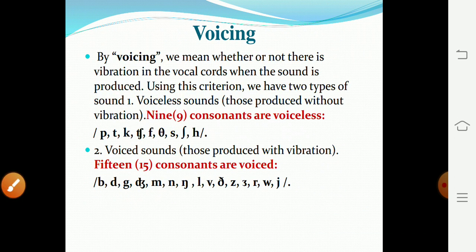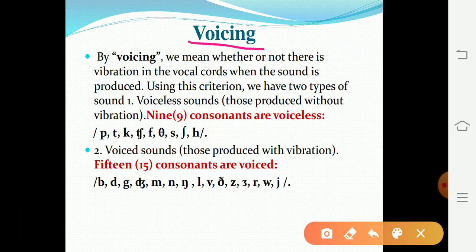So, we come to the voicing status. By voicing, we mean whether or not there is vibration in the vocal cords when the sound is produced. Using this criterion, we have two types of sounds. First is voiceless sounds, those produced without vibration.